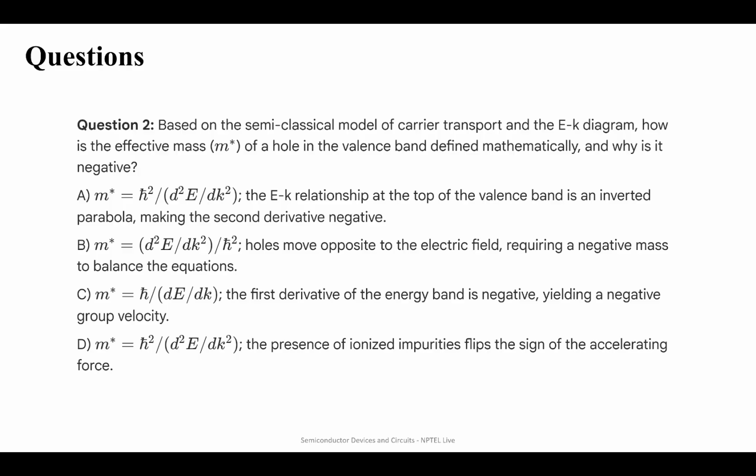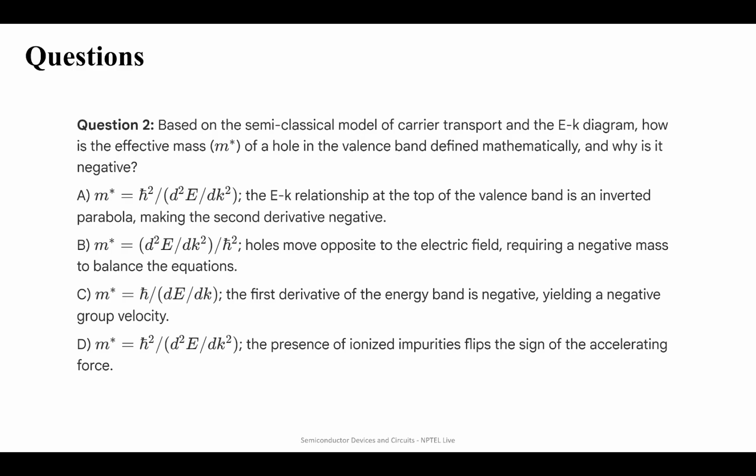So next question. Based on the semi-classical model of carrier transport and the E-k diagram, how is the effective mass m star of a hole in the valence band defined mathematically, and why is it negative?